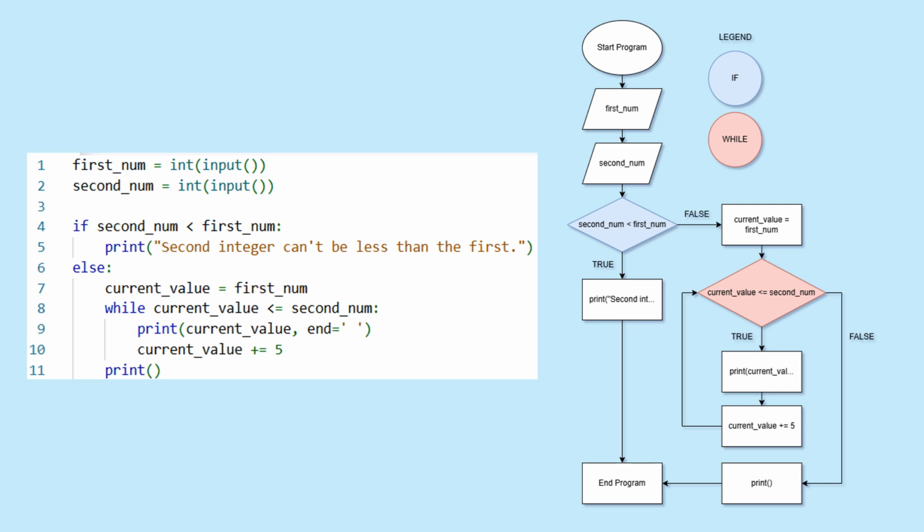The true section will just end the program, and then the false section, which is the else branch, would allow for the while loop to iterate until it is no longer true, in which it would print that space at the end and then end the program. Hopefully the diagram is useful for understanding this concept a little bit better. I thought that this was a good example of it.